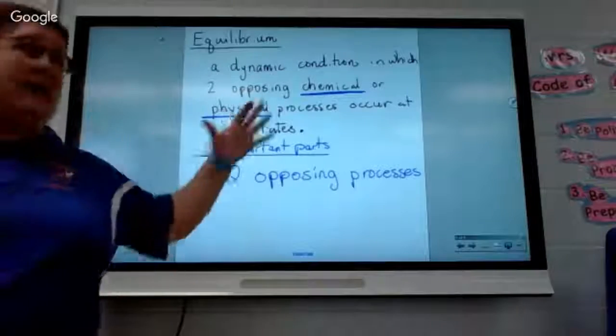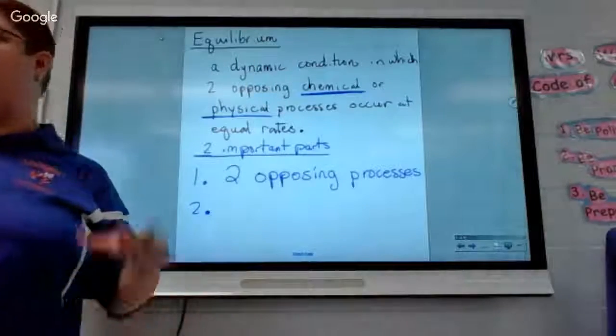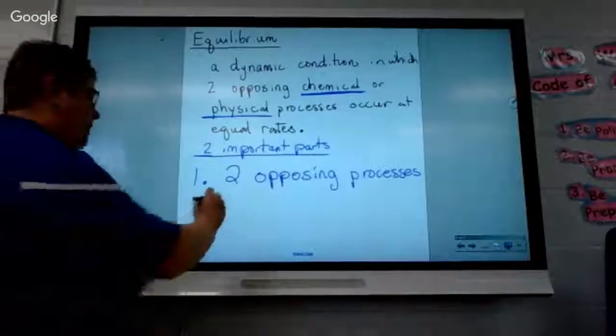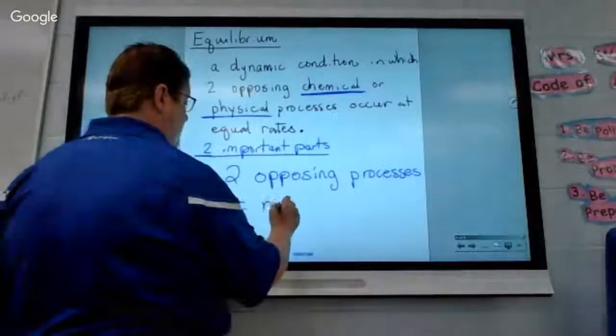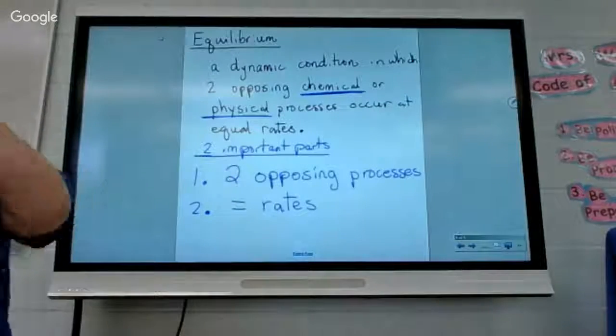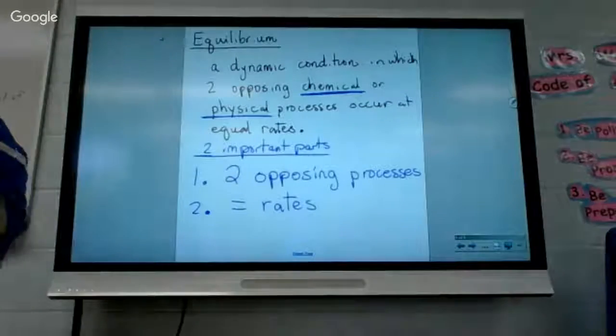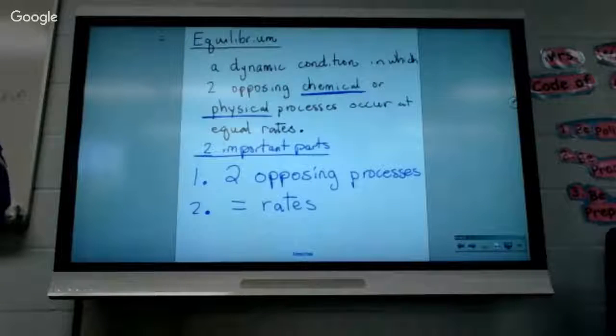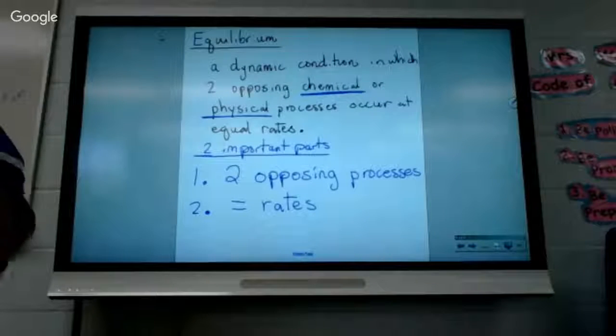All right, what's the second piece in this definition that I've got to have to get equilibrium? All right, I have to have equal rates. Now, if I set a piece of ice on my desk, what's going to happen to that piece of ice? It's going to melt. Will it automatically refreeze on my desk?